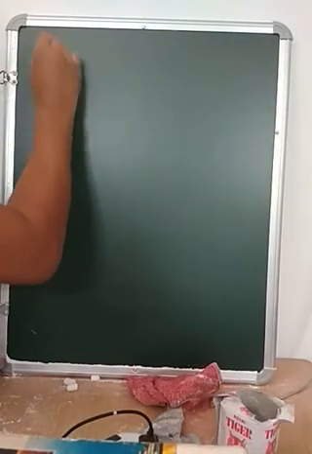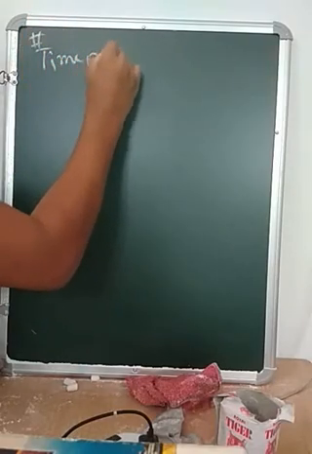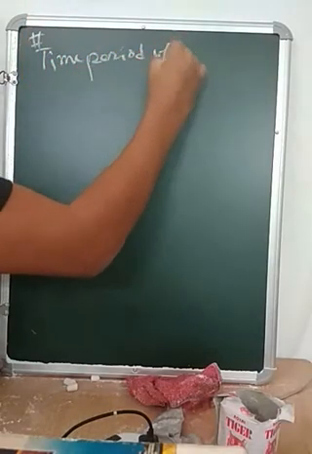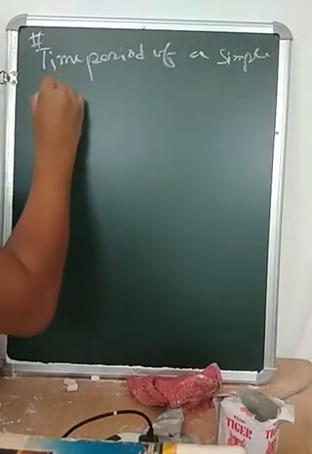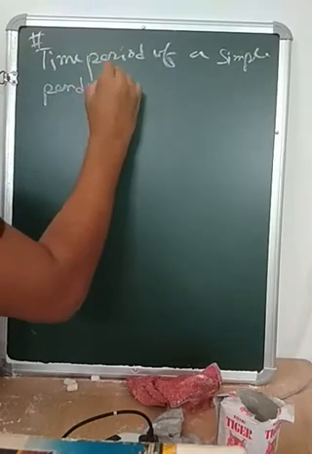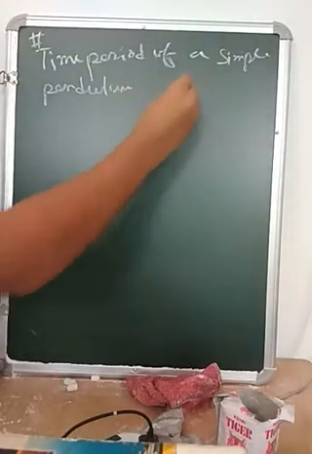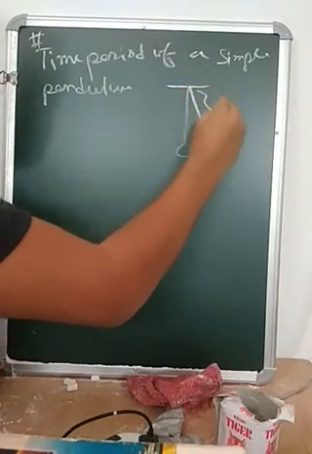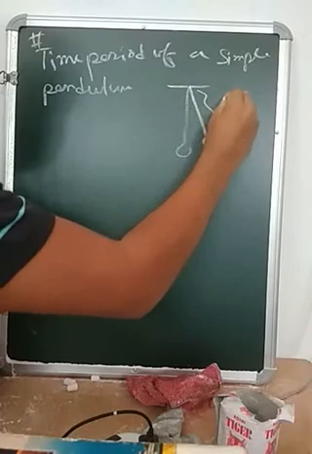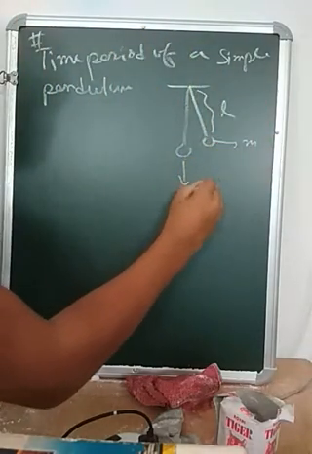Another example is the time period of a simple pendulum. Suppose there is a pendulum. The length of the string is L, the mass of the bob is m, and the acceleration due to gravity is g.